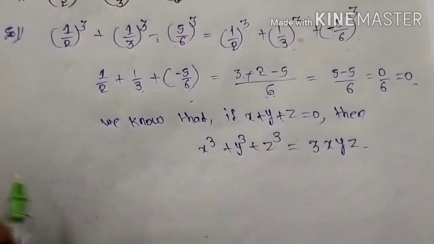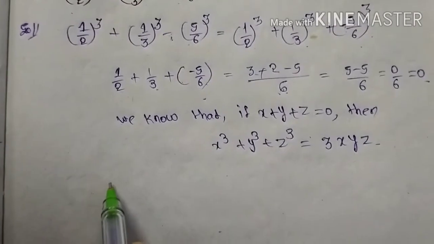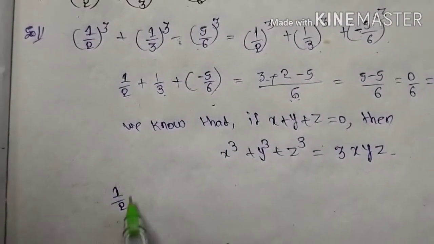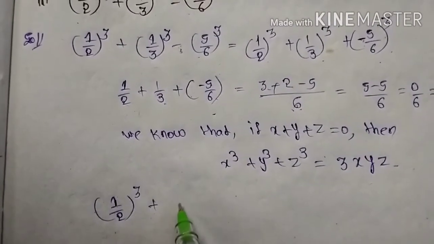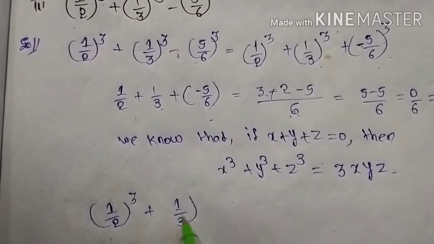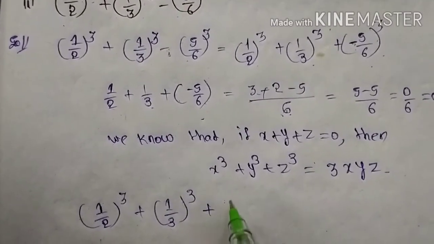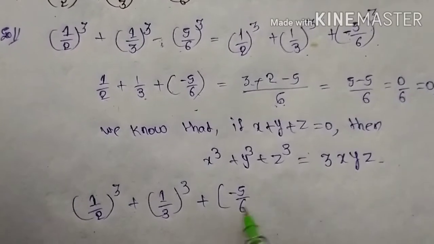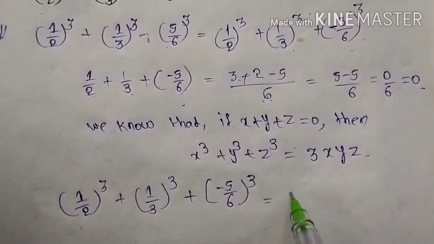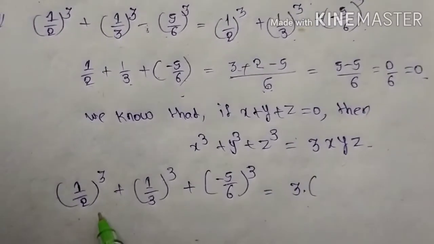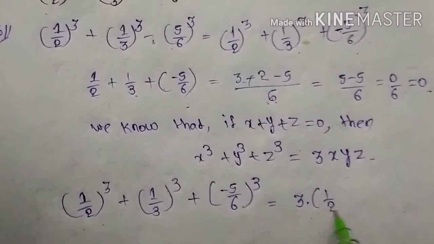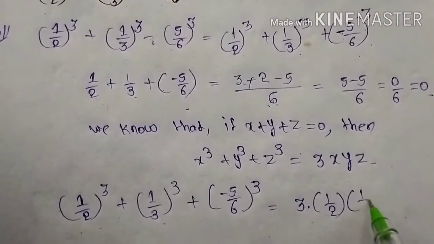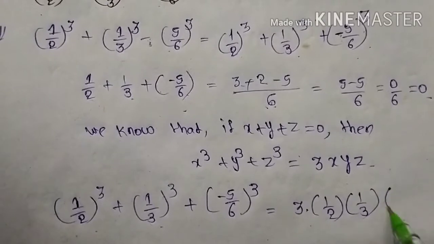In the similar way, you can write the given equation: 1 by 2 whole cube plus 1 by 3 whole cube plus minus 5 by 6 whole cube is equal to 3 into x value, which is 1 by 2, y value 1 by 3, z value minus 5 by 6.